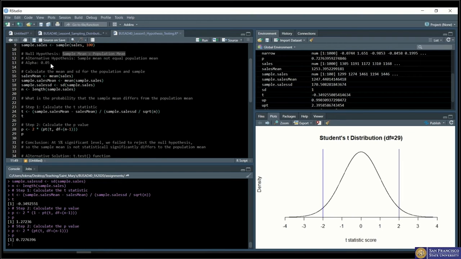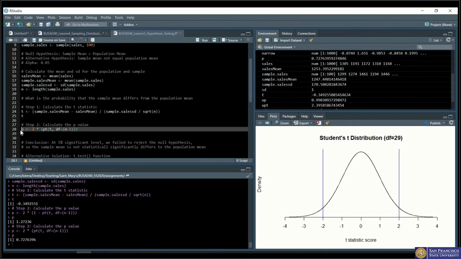If from the very beginning we specified we are only willing to take a risk of 0.05, which is 5% chance of being wrong, however, the t-value, or this whole calculation, tells me that if you want to say that the sample mean is not equal to the population mean, I'm bearing a 72.76% chance that I will be wrong, right? So I cannot confidently make that conclusion.